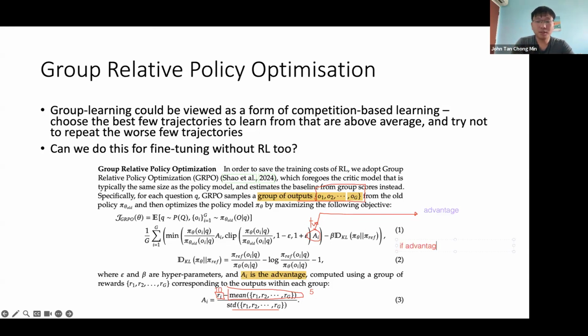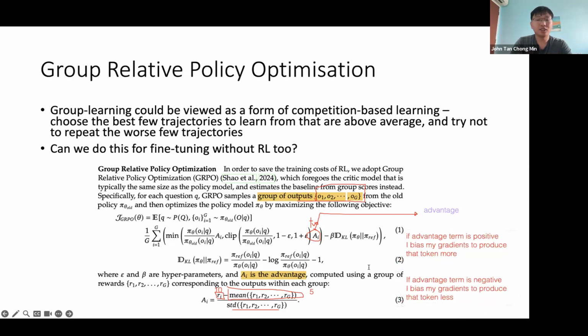If the advantage term is positive, I bias my gradients to produce that token more. If the advantage term is negative, I bias my gradients to produce that token less.